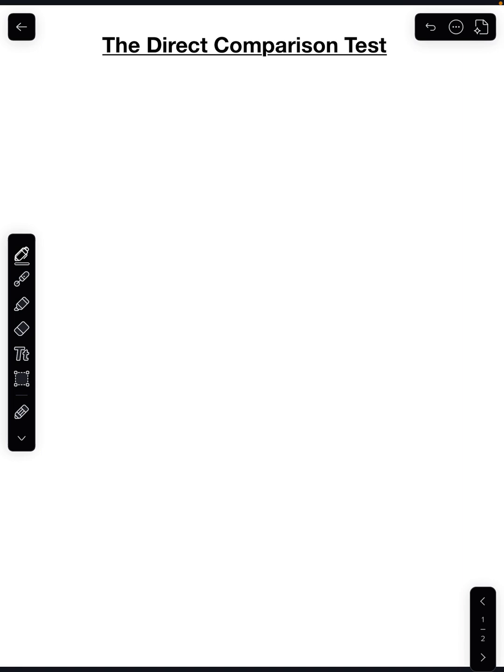The direct comparison test starts with the idea that we have two series, both of which have positive terms, and one of the series is term by term smaller than the other.